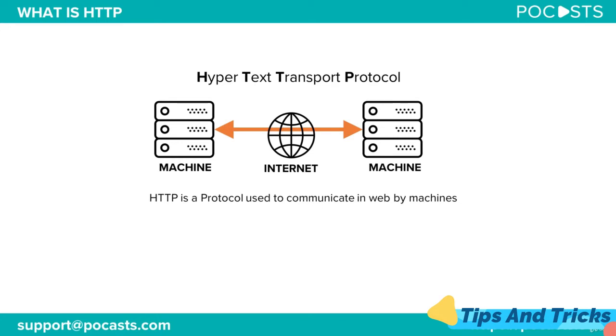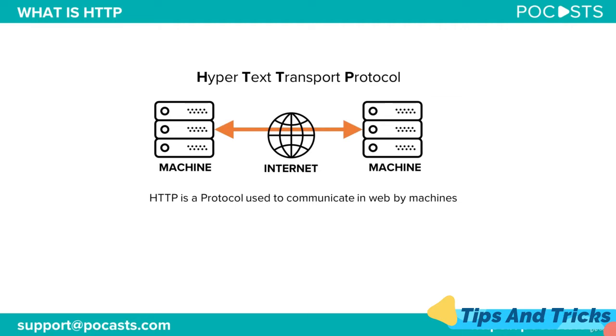Let me show you where you generally use HTTP. If you open your browser, you might have typed pocast.com, and before that pocast.com there's something called a protocol, and that protocol you might see as https://. We are talking about HTTP, so what does that S stand for? Well, S stands for secure, right? And pocast is a secured site. So that HTTPS or HTTP generally indicates what protocol you're using to access the pocast.com website.